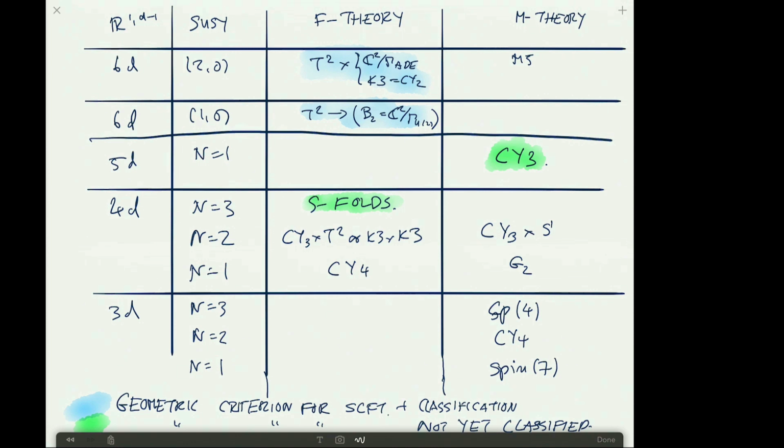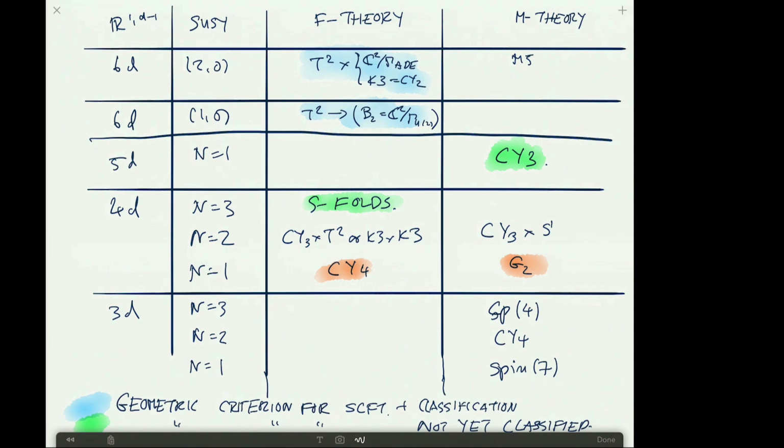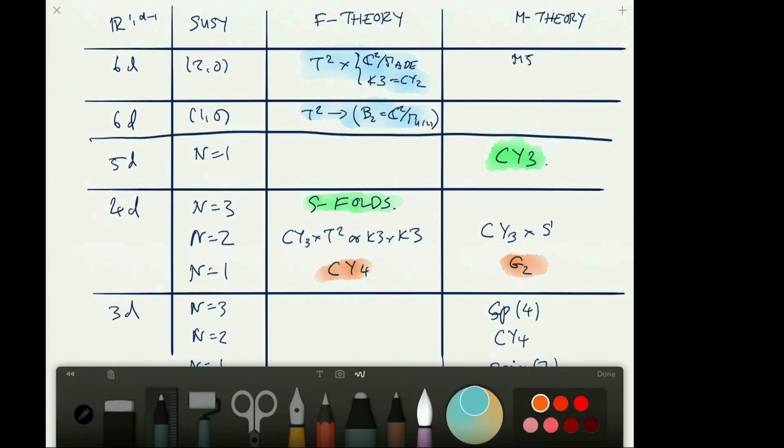And then basically the cases where we have no understanding of these at all are specifically the ones with less supersymmetry. So in particular, 4-dimensional N=1 is this case here, and also all the remaining cases, but I want to focus mostly on this case here. Right?